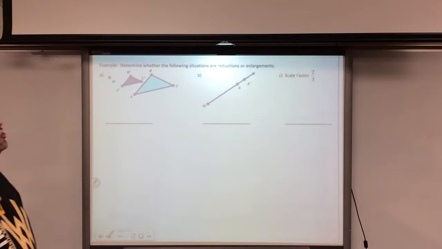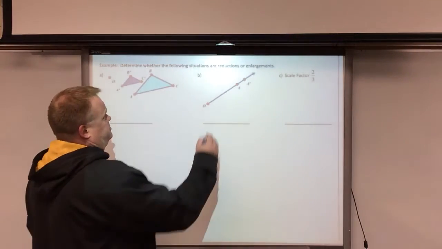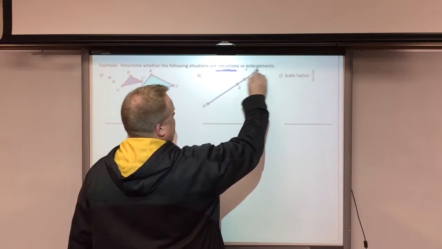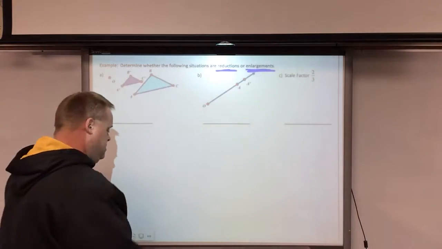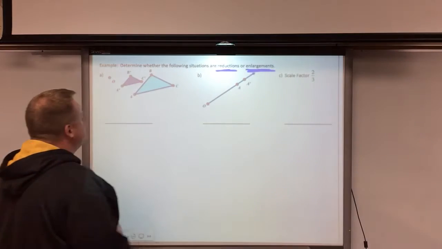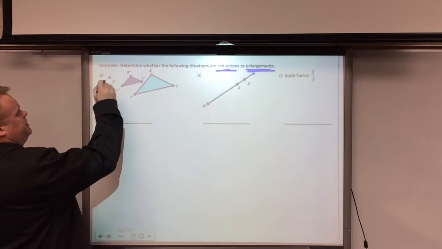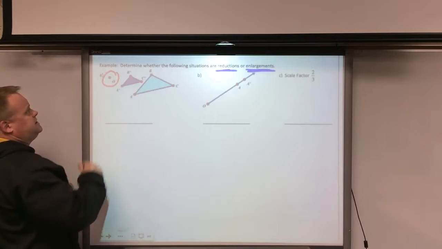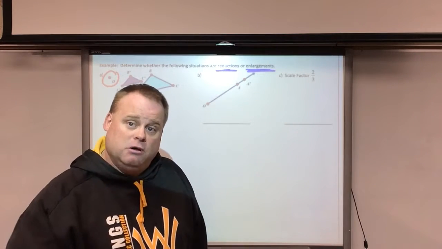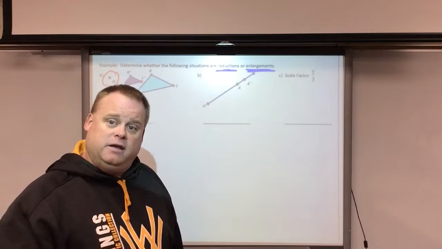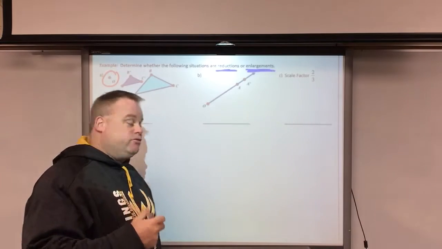Determine whether the situations are reductions or enlargements. Reading the directions, I'm asking whether or not these are reductions or enlargements. As I look at this, this point right here, that 0 with the red, is my origin for this graph.